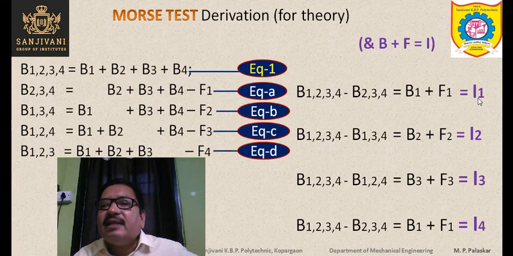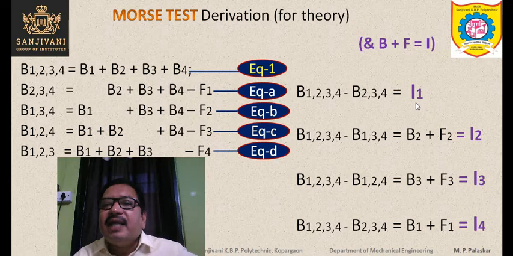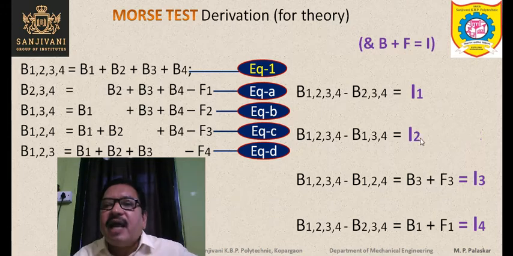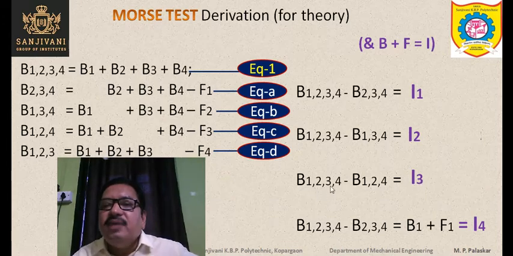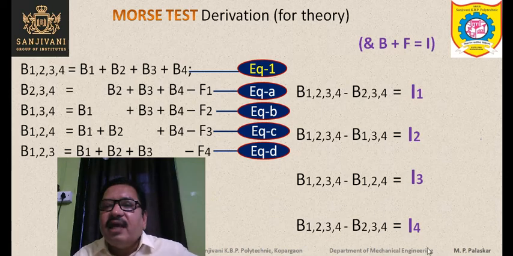I can write I1 is equal to B1234 minus B234. Similarly, I2 is equal to B1234 minus B134. I3 is equal to B1234 minus B124, and finally I4 is equal to B1234 minus B123.